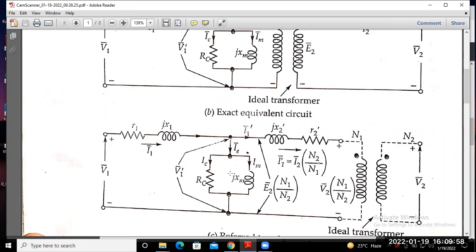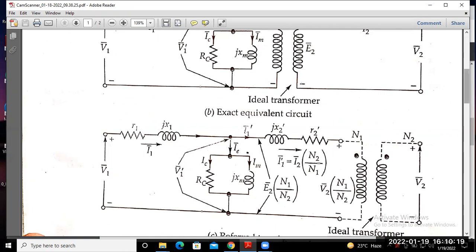Similarly, for the core component resistance and the magnetizing reactance XM, RC dash equals RC into (N1 by N2) whole square. Then you refer towards the secondary side, and this is the ideal transformer connection.